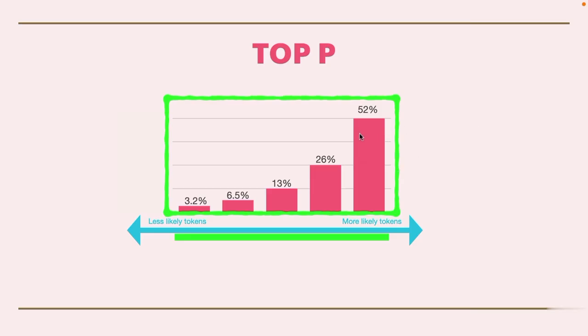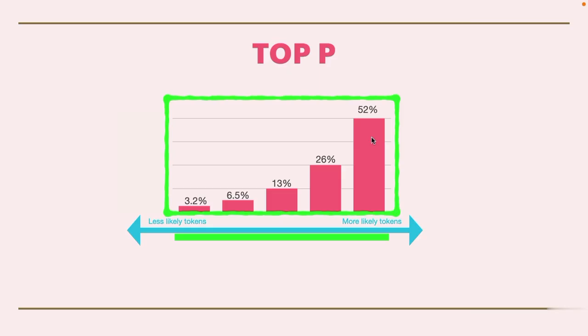The tokens are then sorted in descending order based on their probabilities, starting from the most likely tokens. The cumulative probability is calculated by summing up the probabilities. Tokens with a cumulative probability exceeding the specified top P value are considered for sampling.